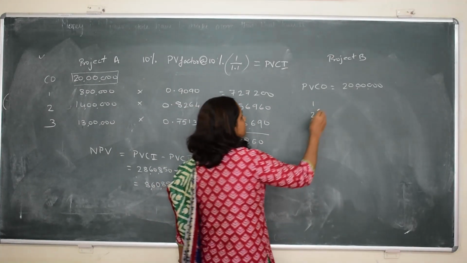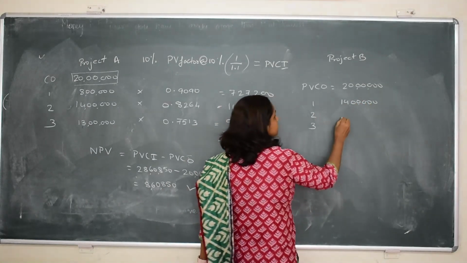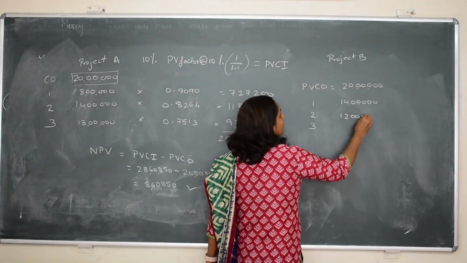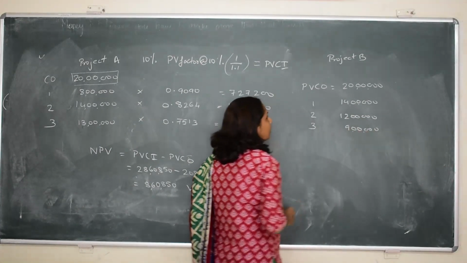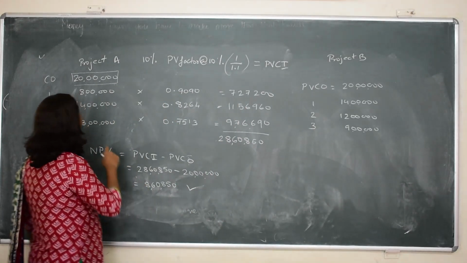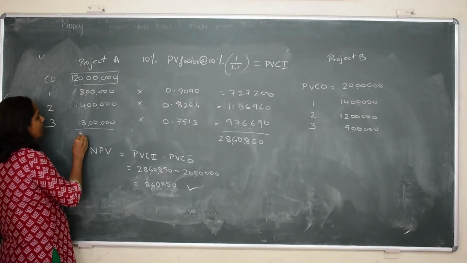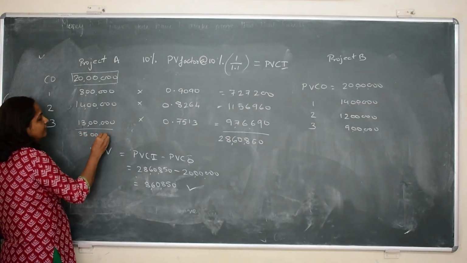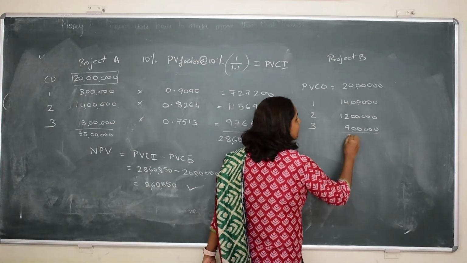The first year return is 14 lakhs, the next year it is 12 lakhs, and the last year is 9 lakhs. If I calculate only the returns in project A and project B, I get a return of 35 lakhs in A as well as 35 lakhs in B.